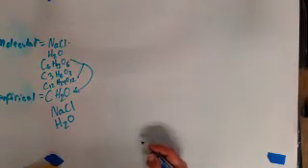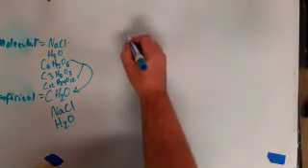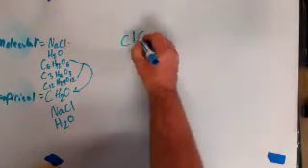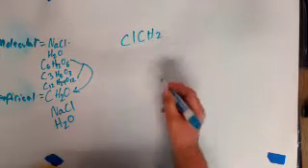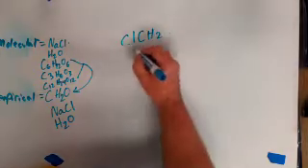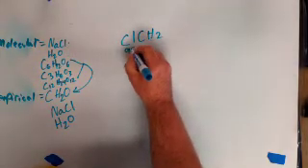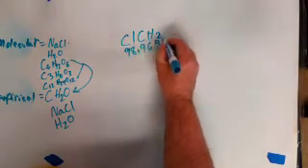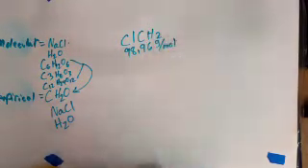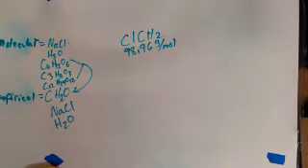So then if we have something like ClCH2, and we know the molar mass is 98.96 grams per mole, okay, then we can figure out what we have.